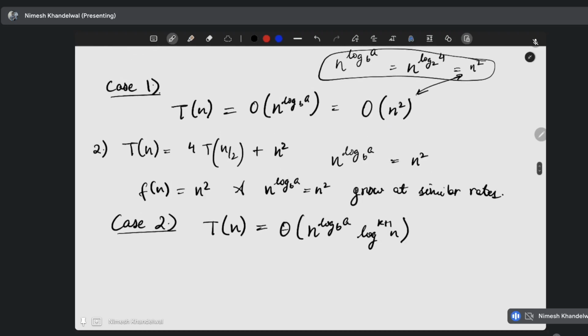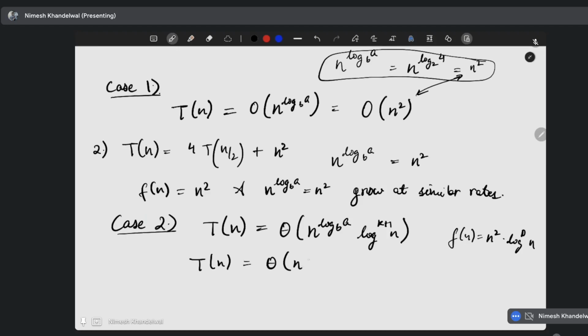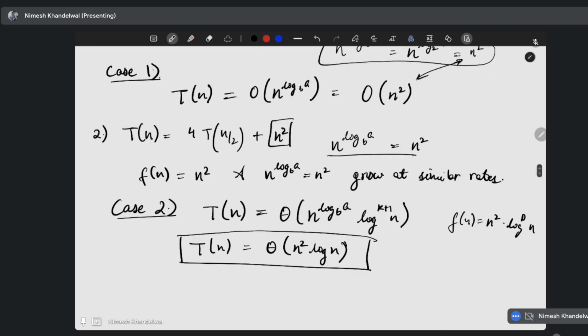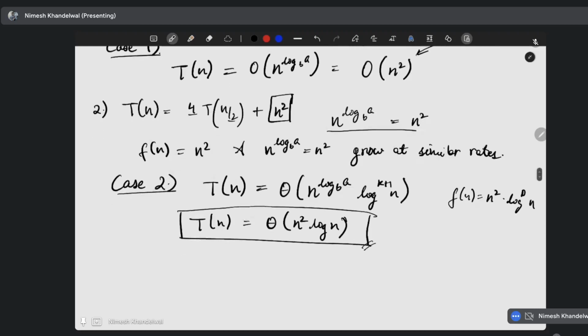Because our f of n was basically having log to the power 0 of n, right? So the time complexity for this is n squared log of n, right? So for any algorithm that has f of n as n squared and a and b as 4 and 2, this will be the runtime.